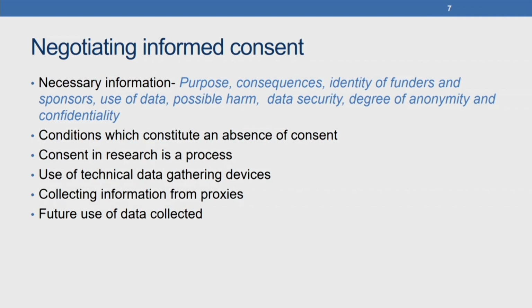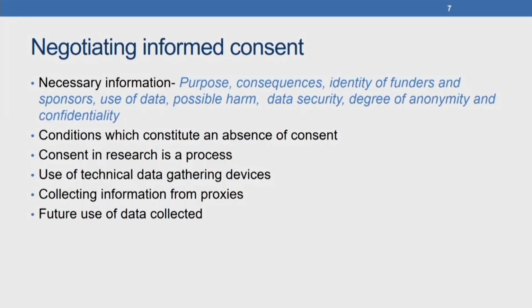I began this lesson talking about informed consent in cases of medical and biomedical trials, but consent in the field of social science research or development research also needs to be constantly negotiated, and some of the important issues need to be kept in mind.